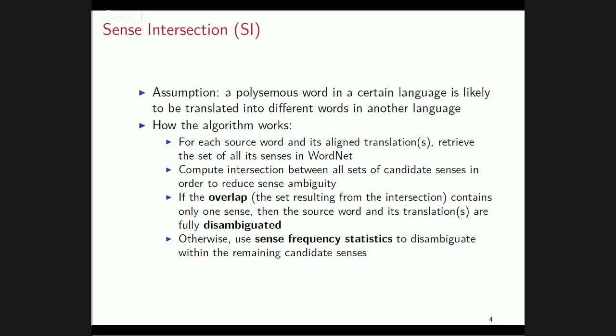But more commonly, we will have fewer senses, so we will have reduced the ambiguity, but not completely solved it. We find that this is still valuable because then a human annotator can step in, or we can use heuristics or even unsupervised methods, but at least the complexity of the problem has been reduced.